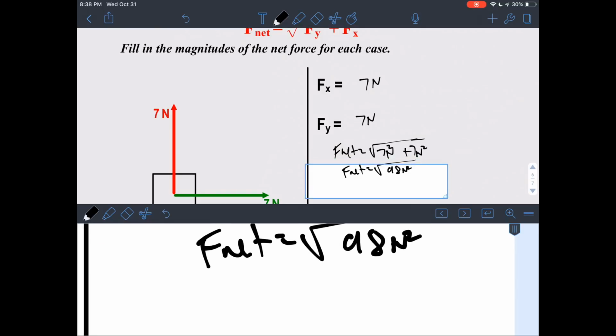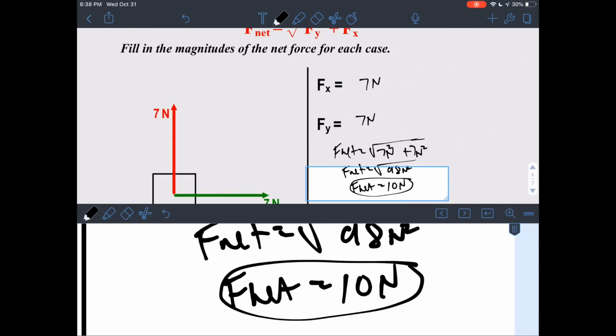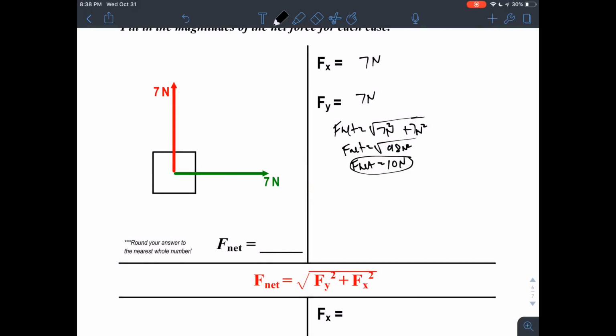The square root of 98, which is awfully close to 100, is approximately 10 newtons. So in this case, we have a net force of 10 newtons that is pointing up and to the right.